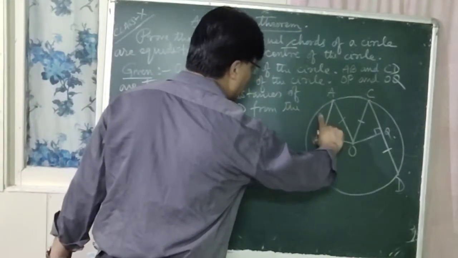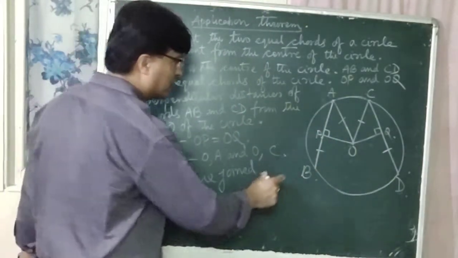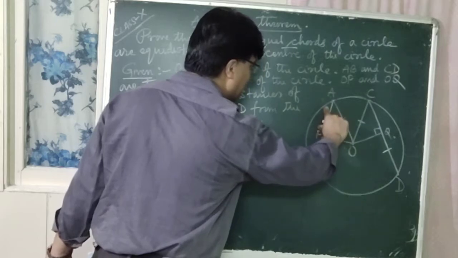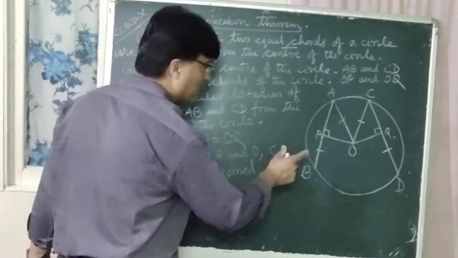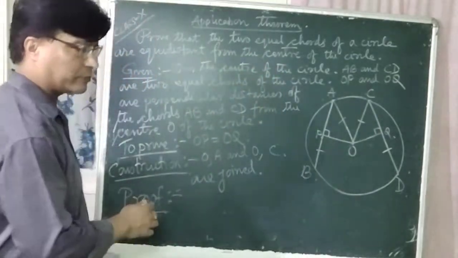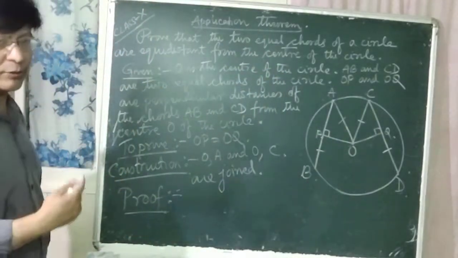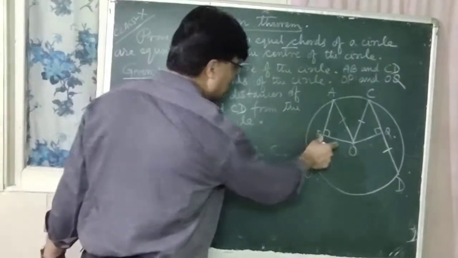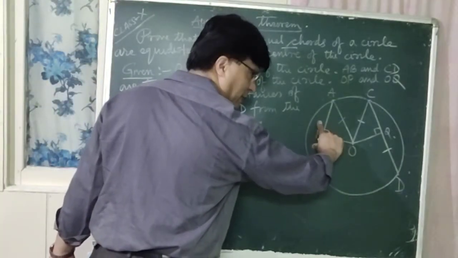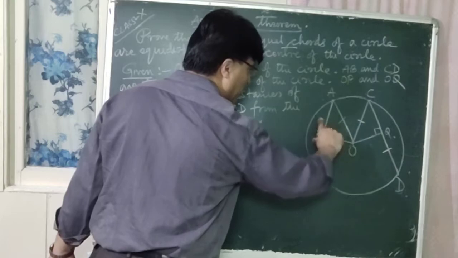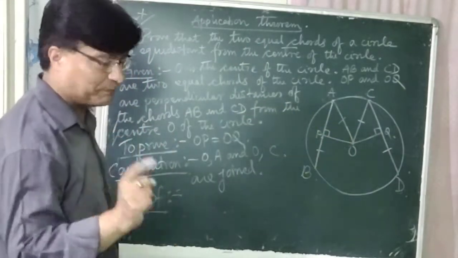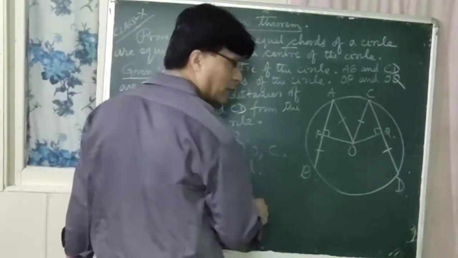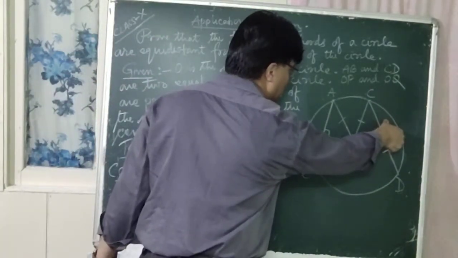Since OP is perpendicular to AB, that means OP will bisect AB. Since OP is perpendicular to the chord AB, भनेपछि हामी थ्योरम प्रिभियस थ्योरम 1 र थ्योरम 2 बाट हामी के गर्न सक्छौं? Since OP is perpendicular to AB, therefore OP will bisect AB. That means AP = BP. ठीक छ? फेरि यो OQ is perpendicular to CD.